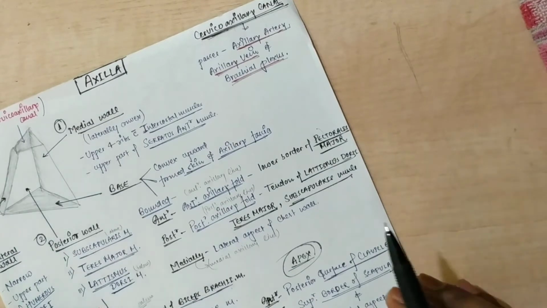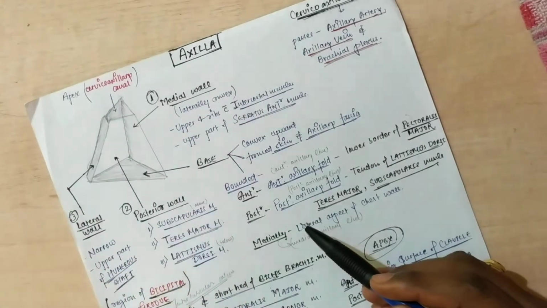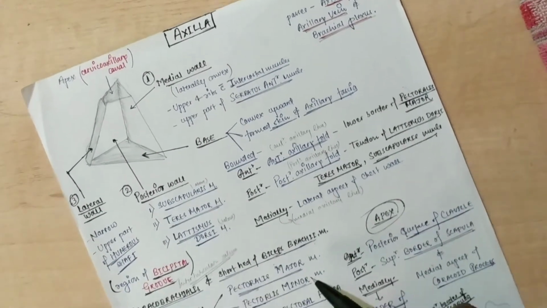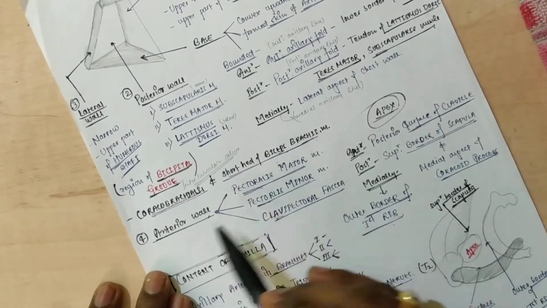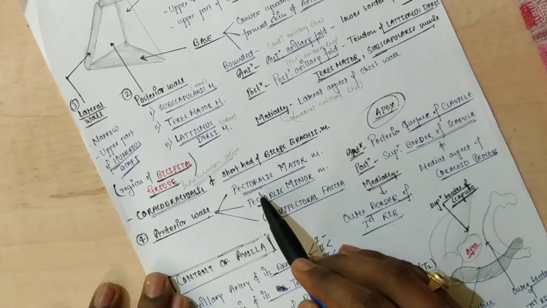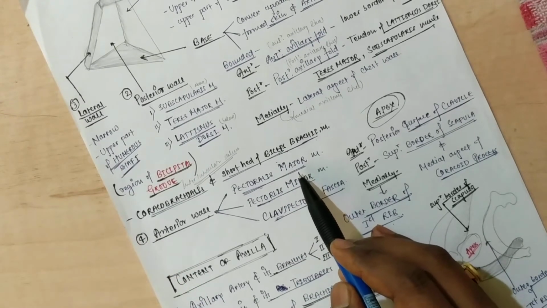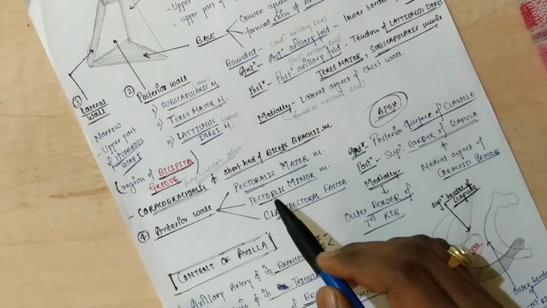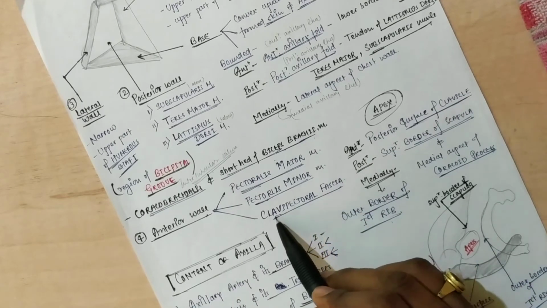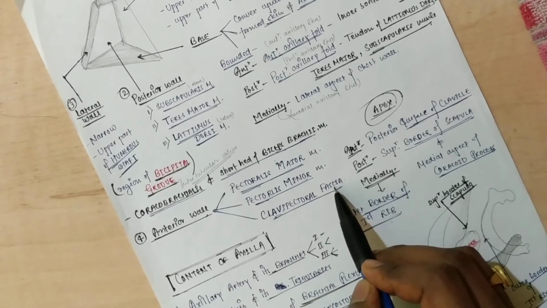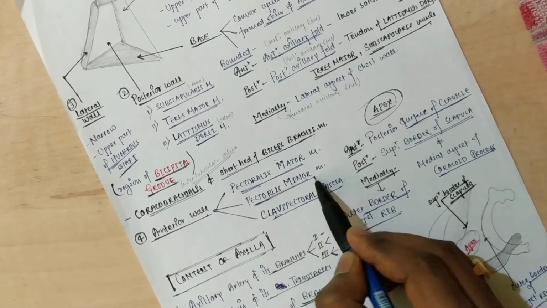Now we will talk about the main thing about the axilla, which has four walls. First one is the anterior wall, which is formed by the pectoralis major muscle, which is present in front, and after that we have the clavipectoral fascia, and after that the pectoralis minor muscle.